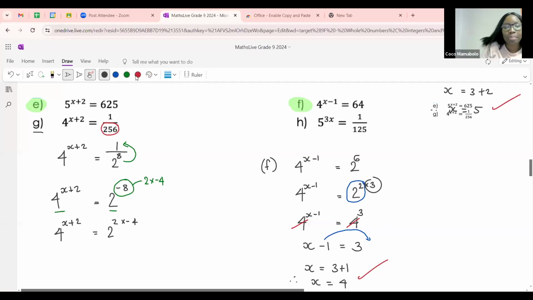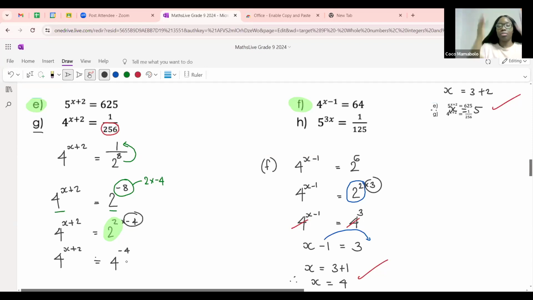And I know that this part over here, 2 squared, is going to give me 4. So I will end up with 4 to the power of x plus 2 is equal to 4 to the power of whatever's left, which is negative 4. Right.